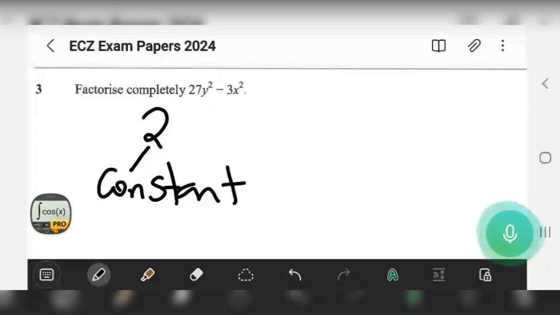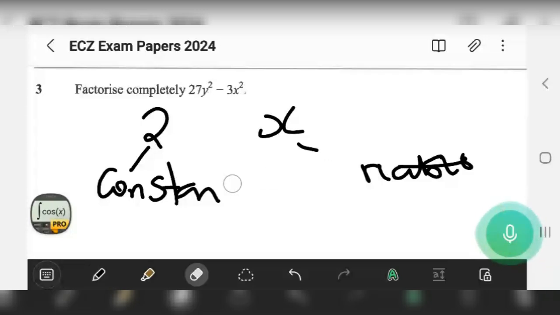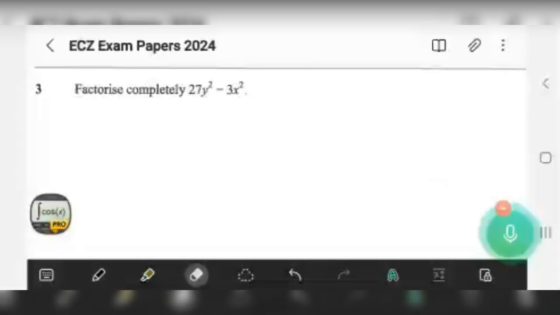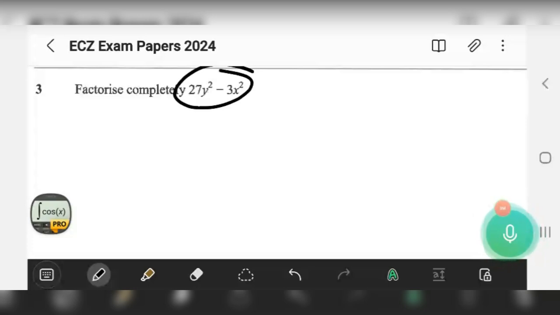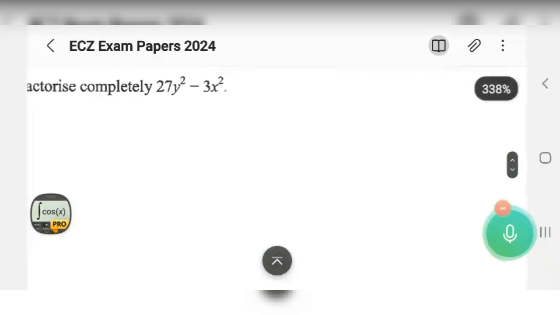But if you've got something like x, this is called a variable. If variables are squared in a question that deals with factorization, you concentrate on the difference of two squares. It might not always have two terms like that, but you have to use the concepts to be able to solve it.